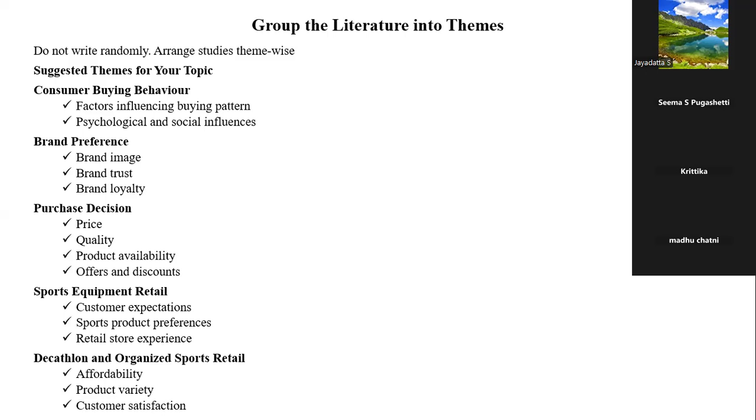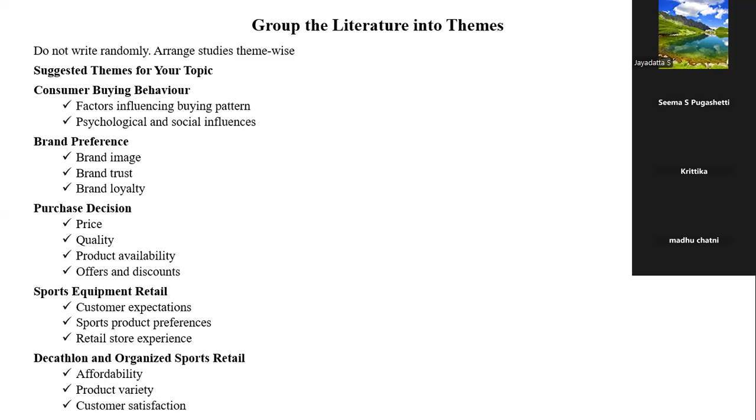Where we consider consumer buying behavior, you try to understand the factors influencing the buying pattern. What is the pattern? How frequently are consumers able to buy? Is the buying behavior fortnightly, weekly, monthly, or once in three months for sports gear from Decathlon? Then psychological and social influences: who is influencing?